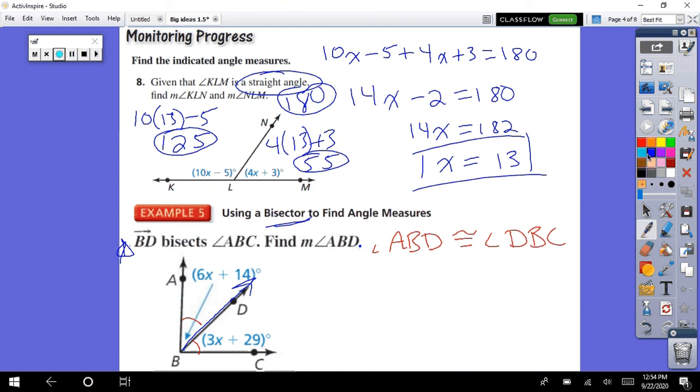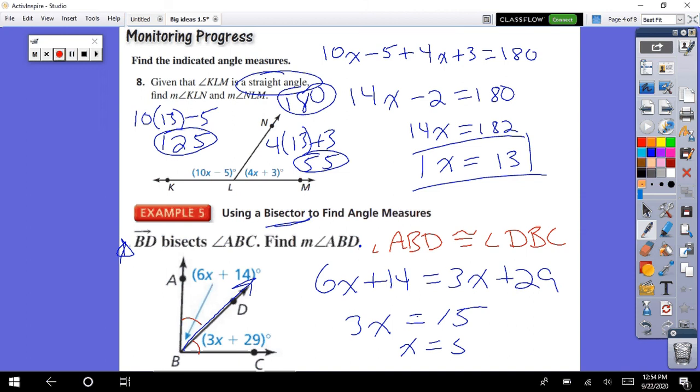So we can plug in 6x plus 14, set it equal to 3x plus 29. Subtract 3x on both sides, subtract 14 on both sides, divide by 3, x is 5, and it wants to know what ABD is, so plug it back in. So we have 6 times 5 is 30, plus 14 is 44. That angle, you could double check. Make sure you get 44 on this side also, since they're equal, and indeed you would.